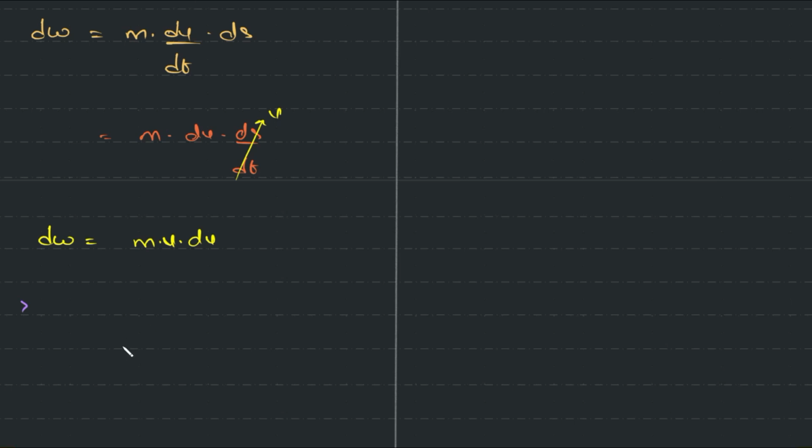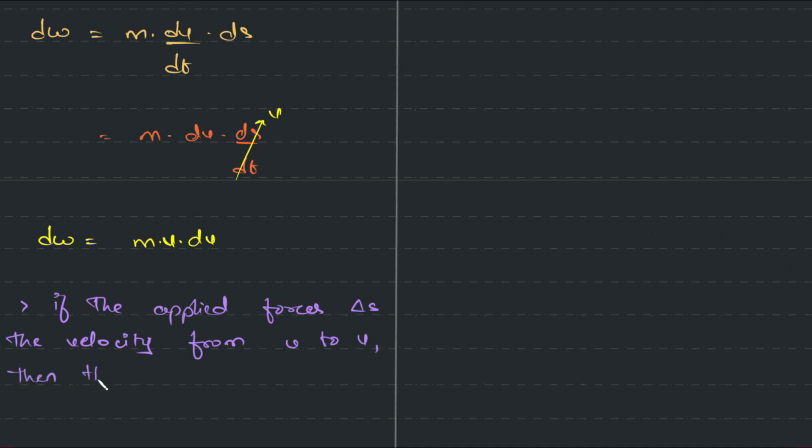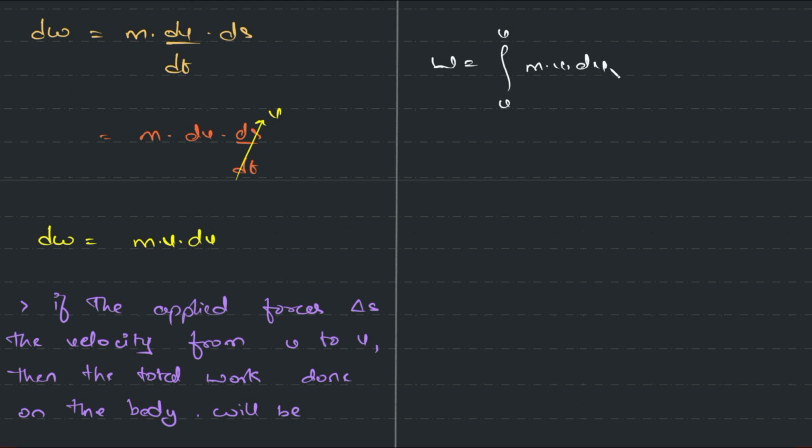Using integration. So if the applied force changes the velocity from u to v, then the total work done on the body or on the object, whatever you want to call it, will be the integration of the expression mv dv.